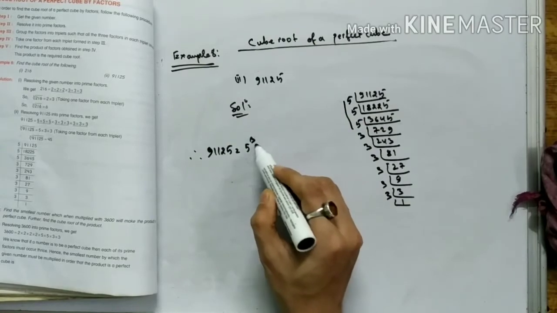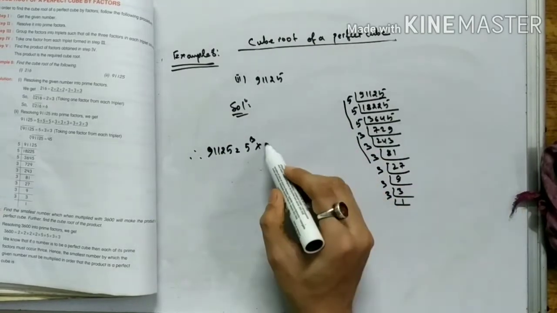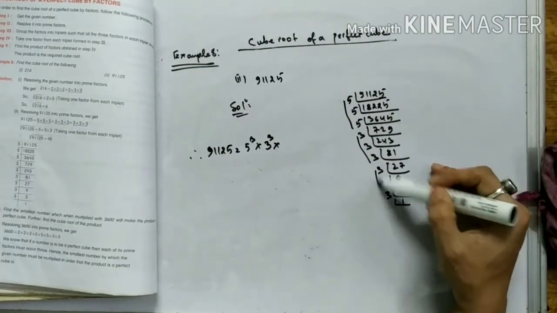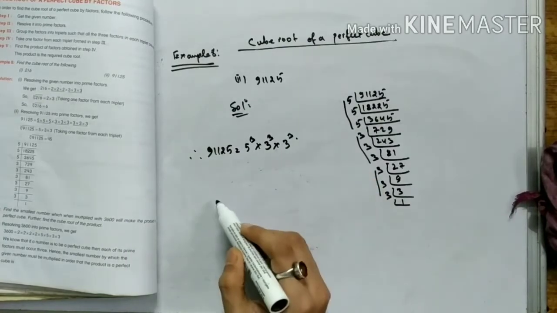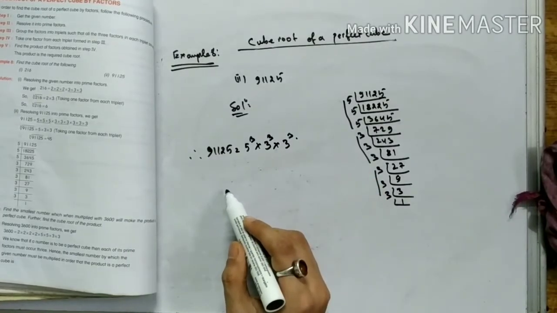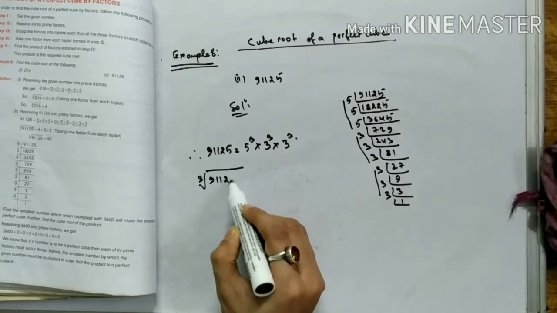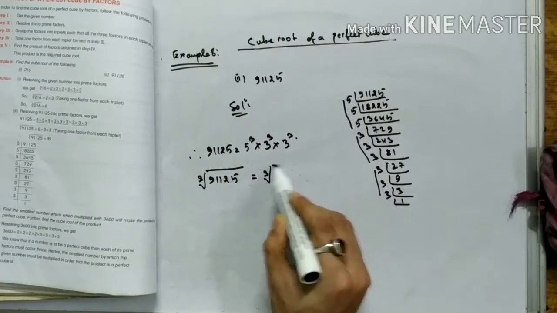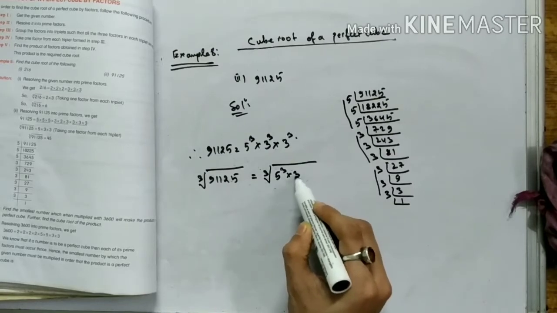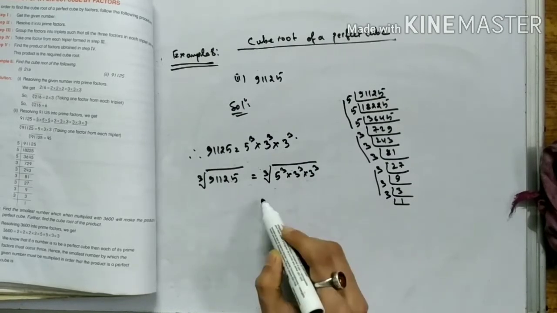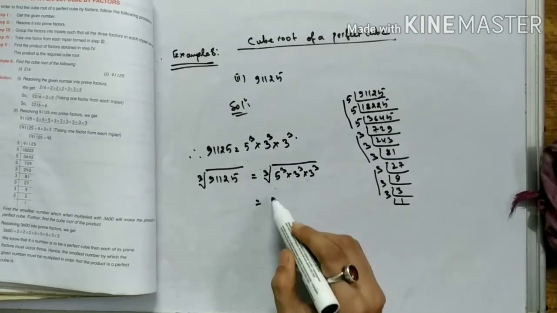You see this is 5 cube into 3 cube into 3 cube. So therefore cube root of 91125 equals cube root of 5 cube into 3 cube into 3 cube. So again cube and cube root will cancel.